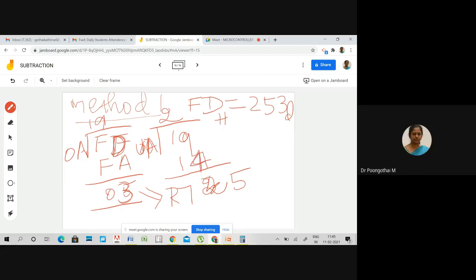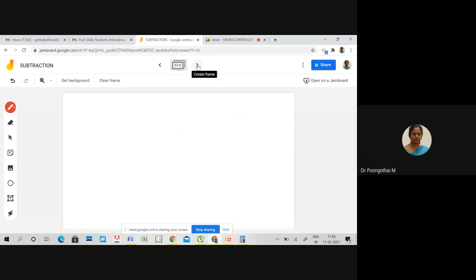So here store this remainder in R6 and store this quotient in R5. Okay, I will explain this again. First FD by 0A. Trace your quotient and remainder.